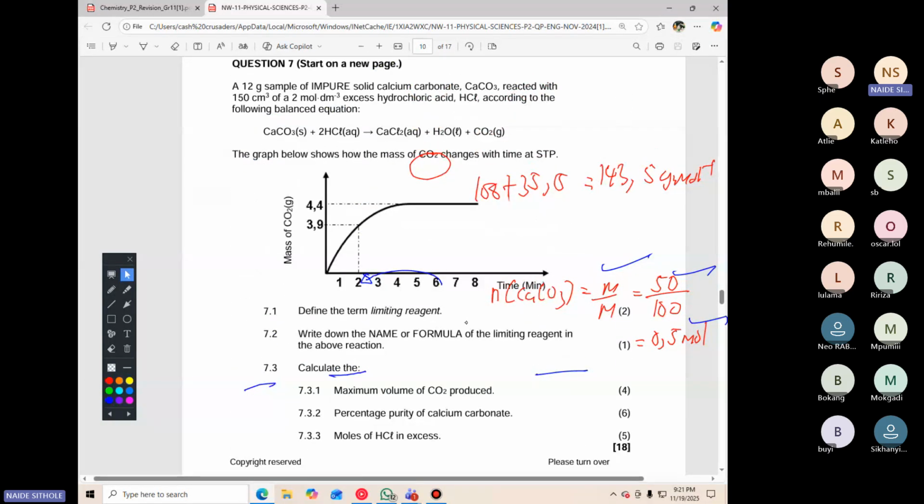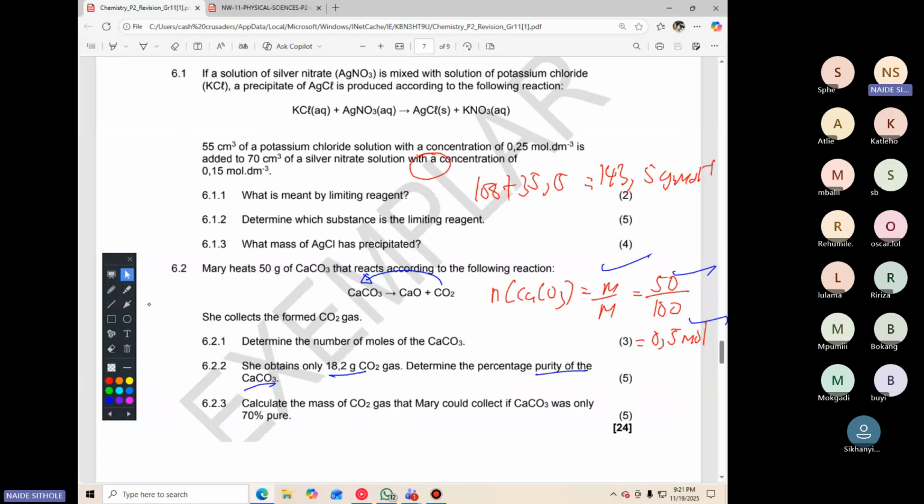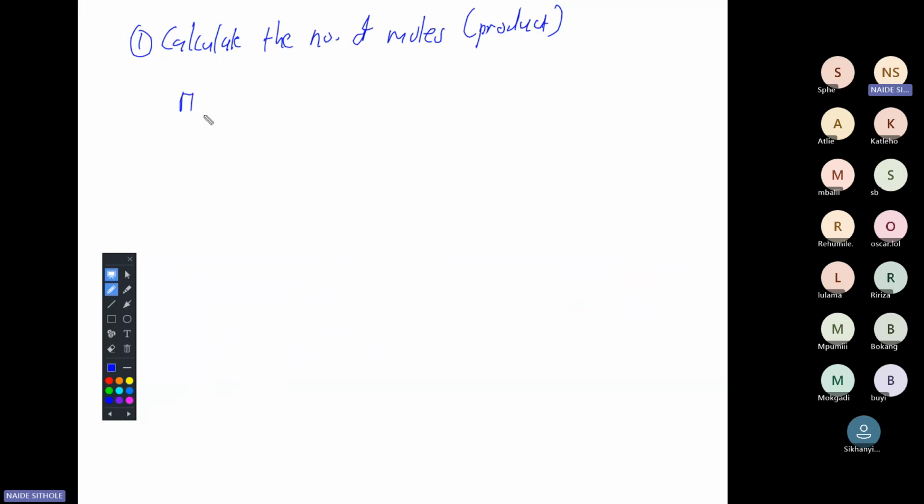We had to calculate the mass of carbon dioxide in order to find the percentage purity there. So it's the same question repeating itself. We are given 18.2. Number of moles is mass over the molar mass.